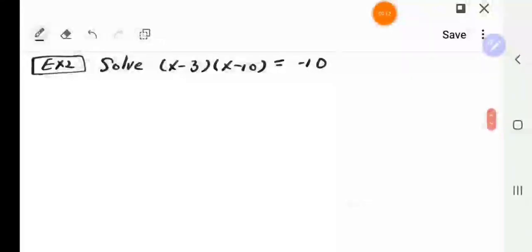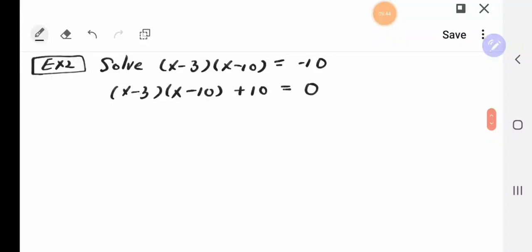Okay, the second example is that we have an equation. The left-hand side of the equation is already factored, and the right side is negative 10. But unfortunately, we have to distribute this and then refactor because the right side of the equation has to be 0. So once you move negative 10 to the left, that will be plus 10.